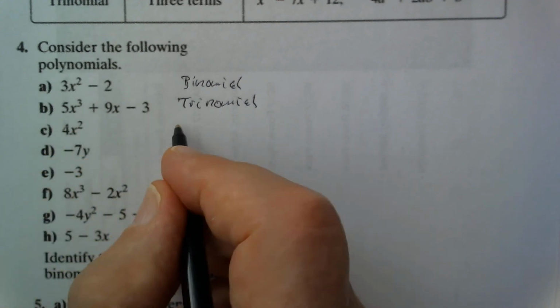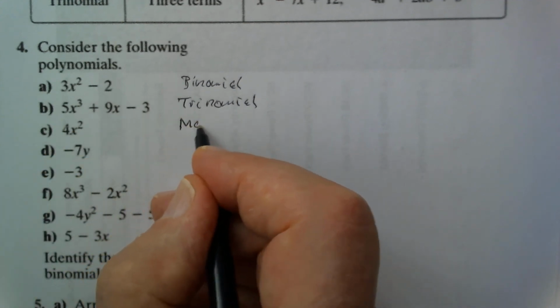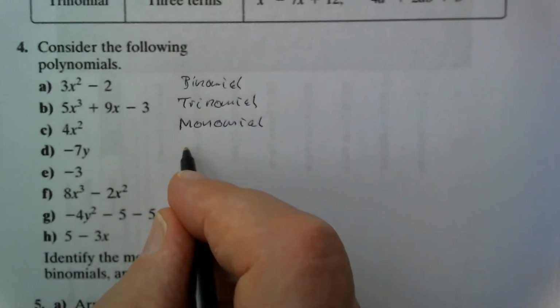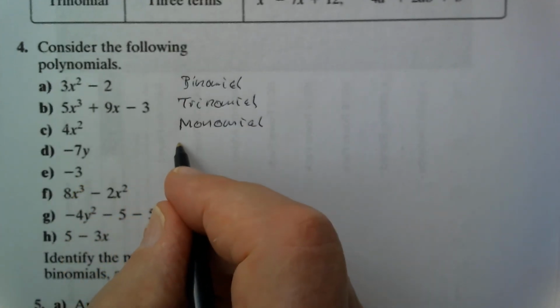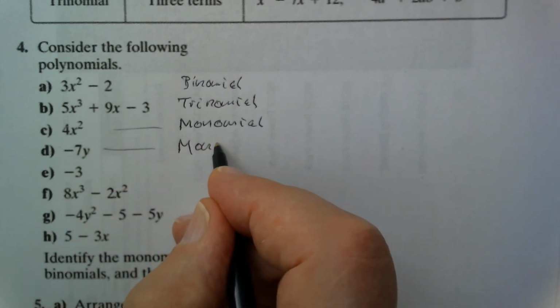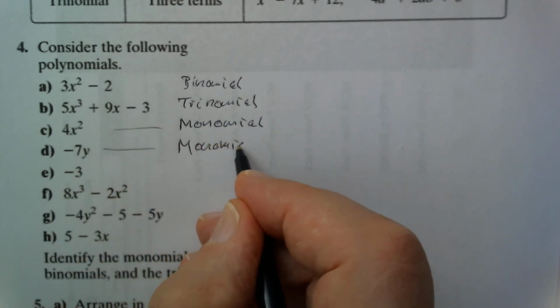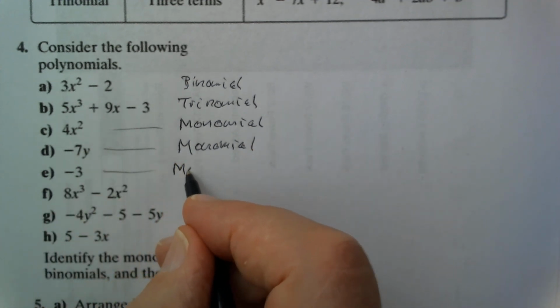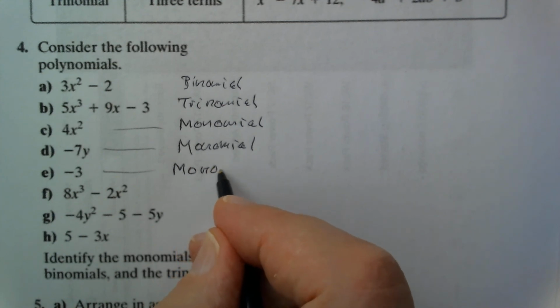And that has only one term. That's a monomial. One term. D is a monomial also. Monomial. And that's also a monomial. It's only one term.